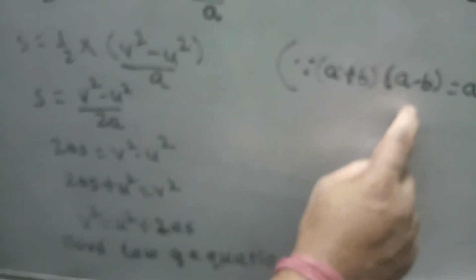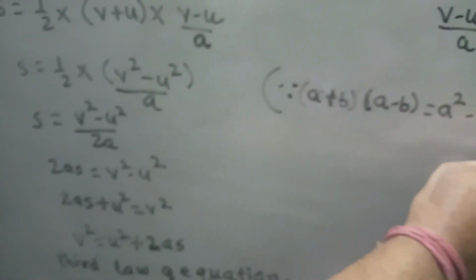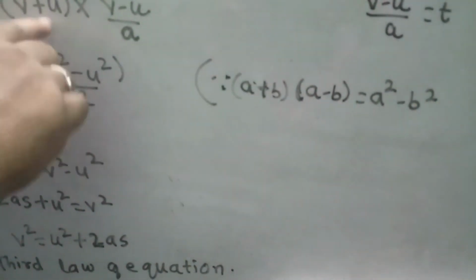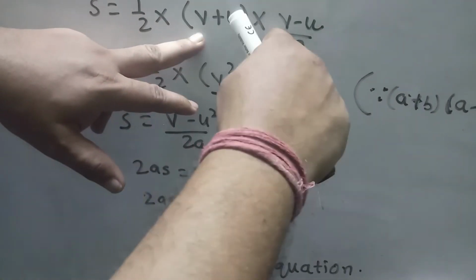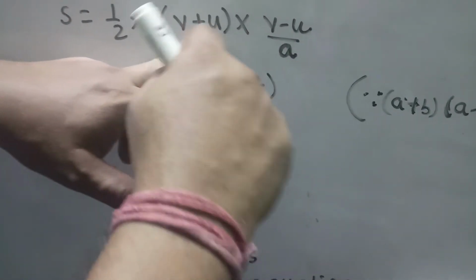Then after that there was some formula we used to learn every time: a plus b the whole square, a minus b the whole square, and the third one was a plus b into a minus b equals a square minus b square. Same is the thing here: you can see here is also v, here is also v, and here also u and u.